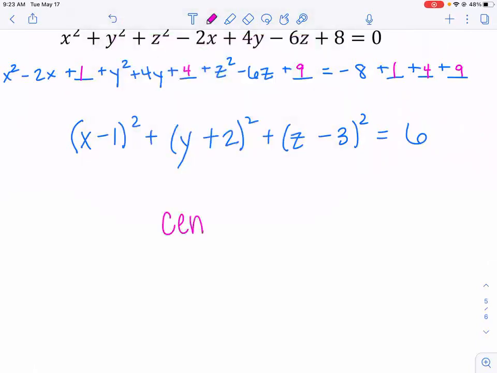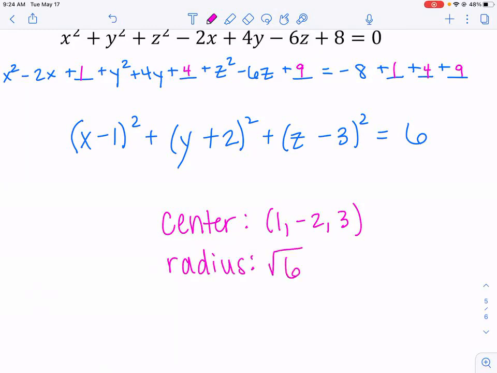So our sphere has a center of (1, -2, 3) and a radius of radical 6. Remember, this is r squared. Well, radical 6.